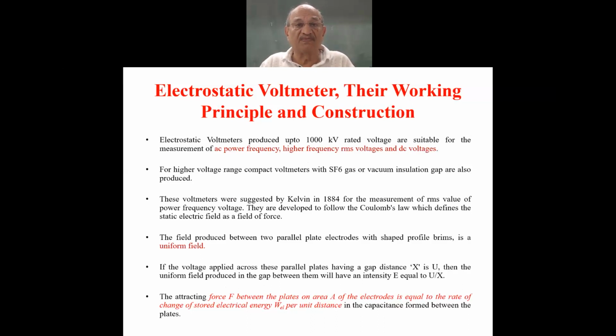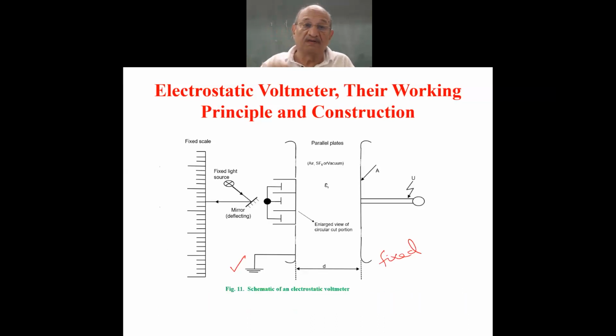It was being practiced for air as a dielectric earlier, but in the sophisticated electrostatic voltmeters produced, as I mentioned, up to 1000 kV, people have been using air, compressed air, or SF6 gas, or even vacuum.